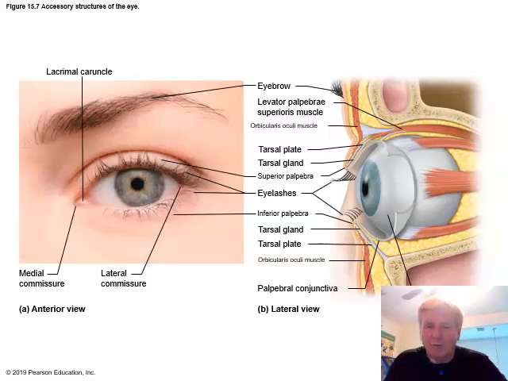So like when you get up in the morning, you get the sleep out of your eyes, what you're doing is removing the secretions from your tarsal glands. That's what we refer to as the sleep out of our eyes sometimes. And then you have these thin epithelial membranes called palpebral conjunctival membranes and ocular conjunctival membranes.